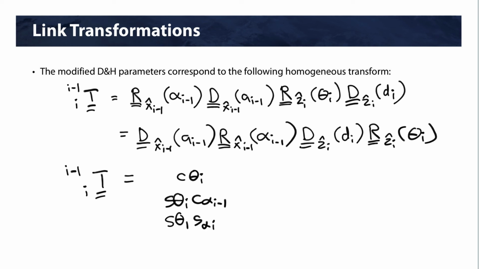And remember, C denotes cosine and S denotes sine, as we use throughout the course. So this is the homogeneous transform based on those D&H parameters.